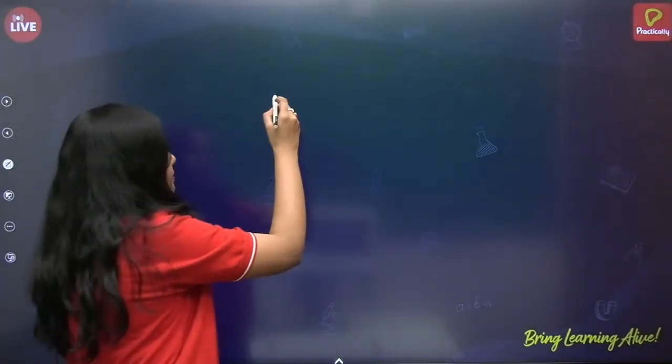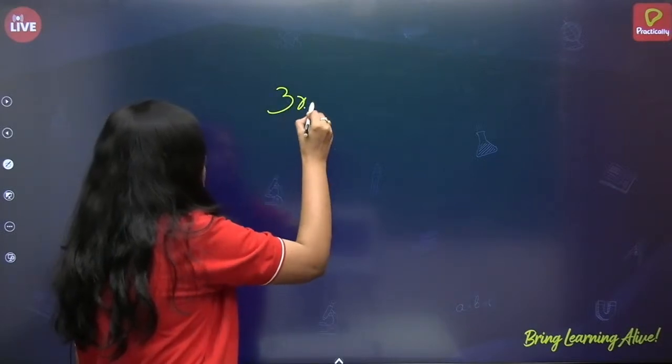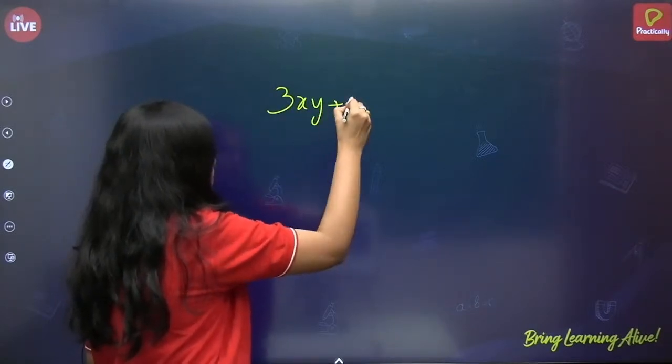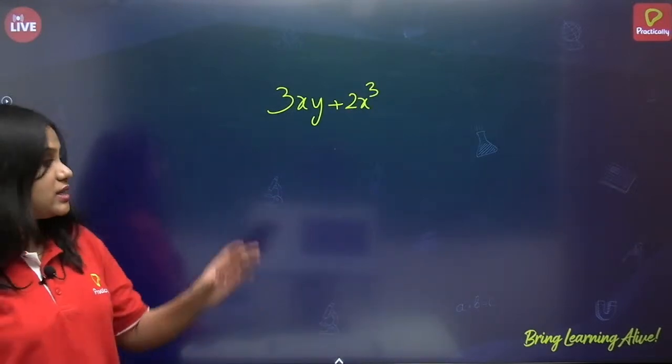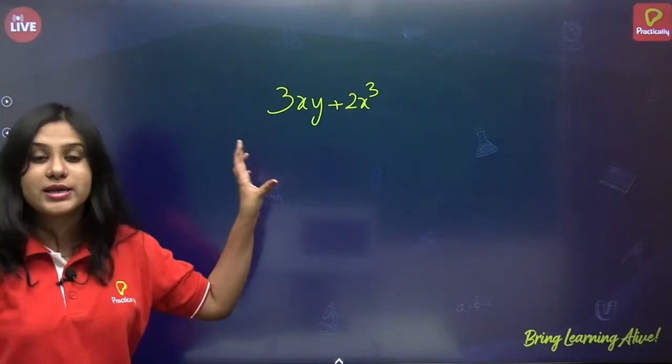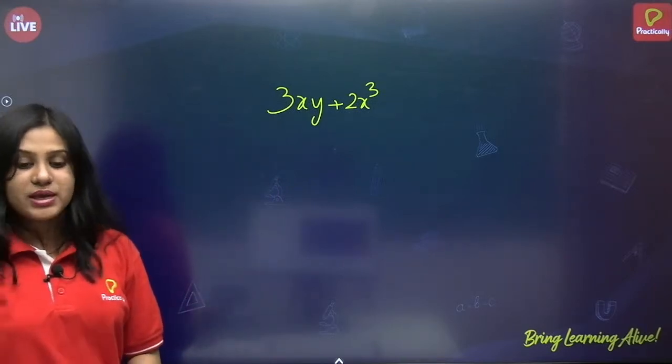Next, let us see a few examples. If I give you 3xy plus 2x cube, can you tell me if this is a polynomial in one variable or not? Just type the answer in the comments.